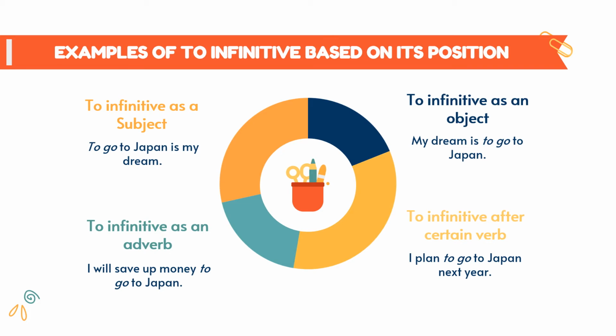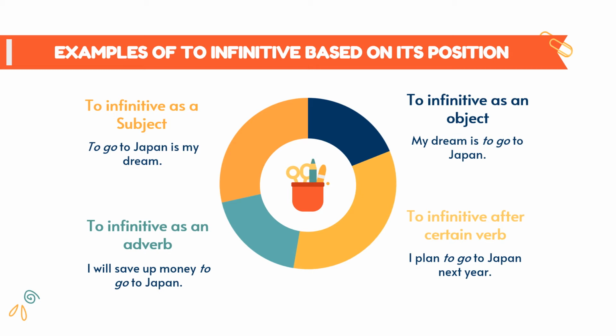The example is: To go to Japan is my dream. As we can see, this to go is put at the beginning of the sentence, so the position of this to infinitive is as a subject.